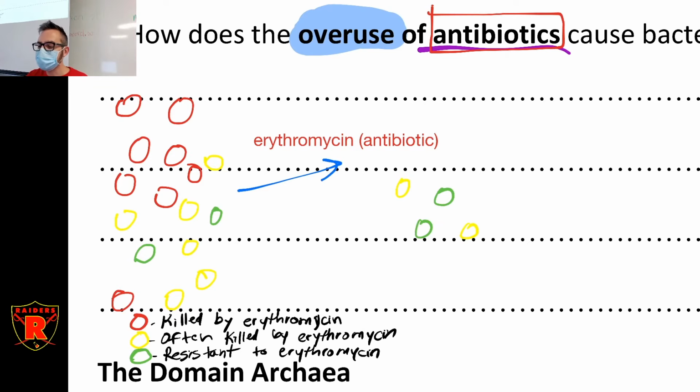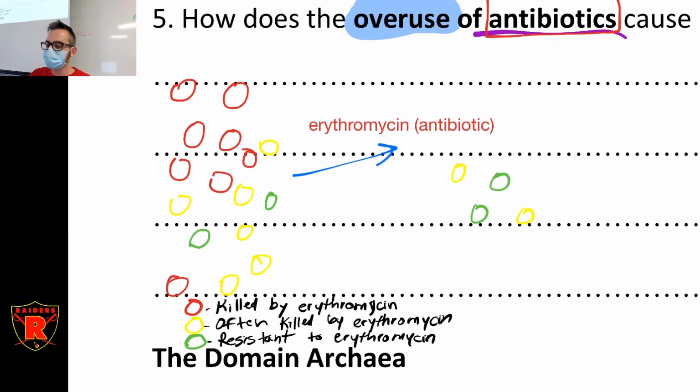So you had a population that looks like the first population here, which is largely killed by erythromycin. This is an antibiotic-sensitive population. We like these. If you want to get rid of a bacterial infection, you want to be able to kill it. You want the population to be mostly sensitive.